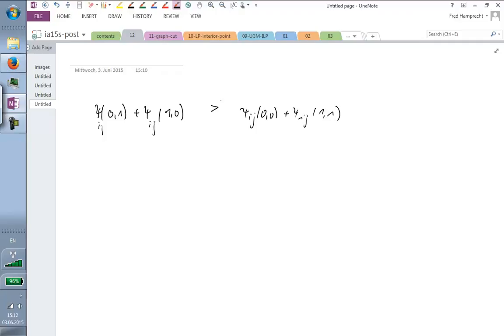And so far, we had required that the left-hand side be greater than the right-hand side.